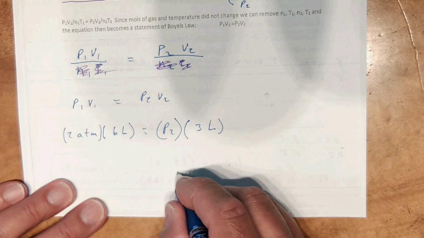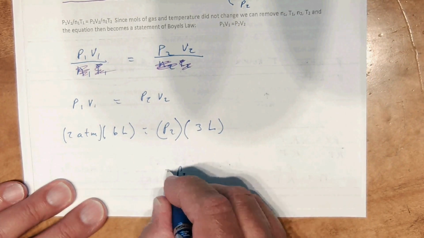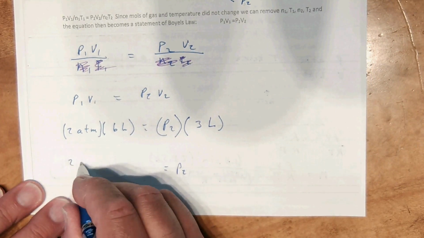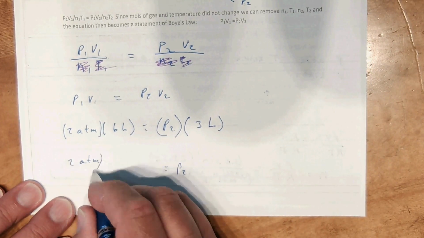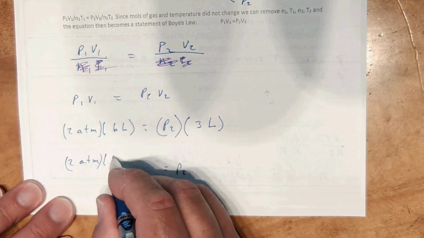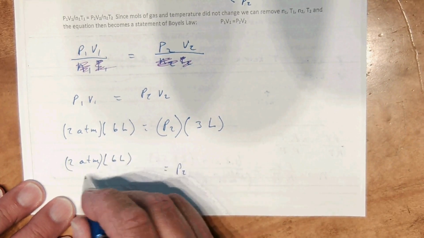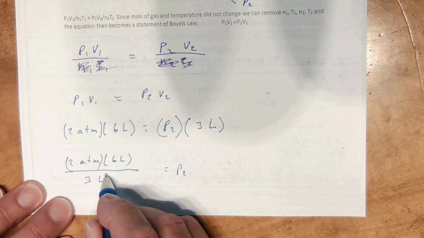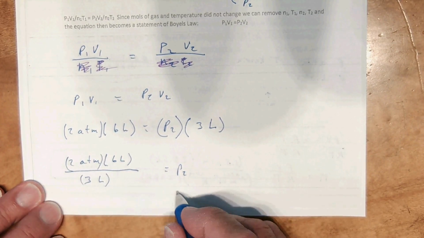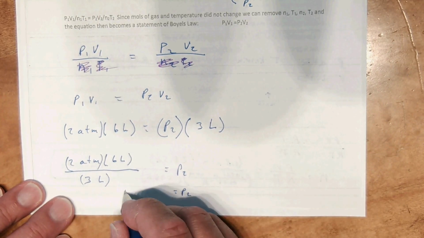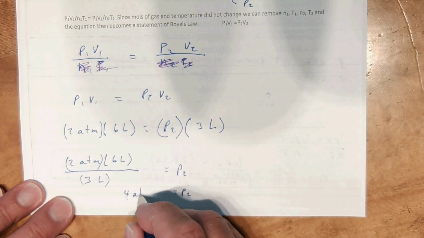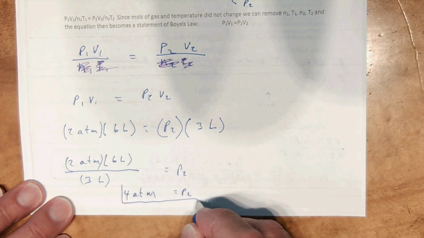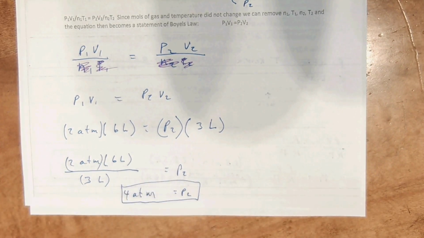So your final pressure is going to be your 2 atmospheres times your 6 liters, divided by the 3 liters. P2 is 12 divided by 3, which is 4. So the final pressure is 4 atmospheres.